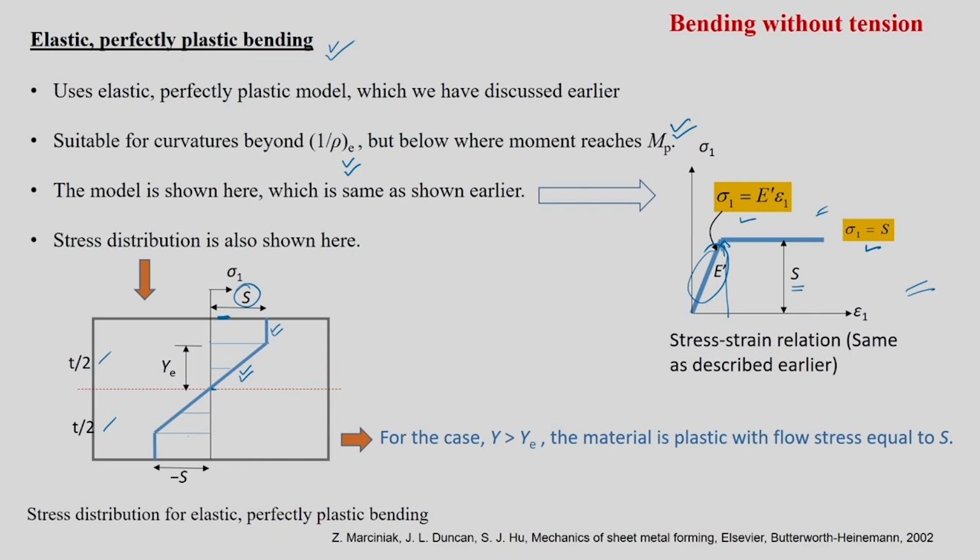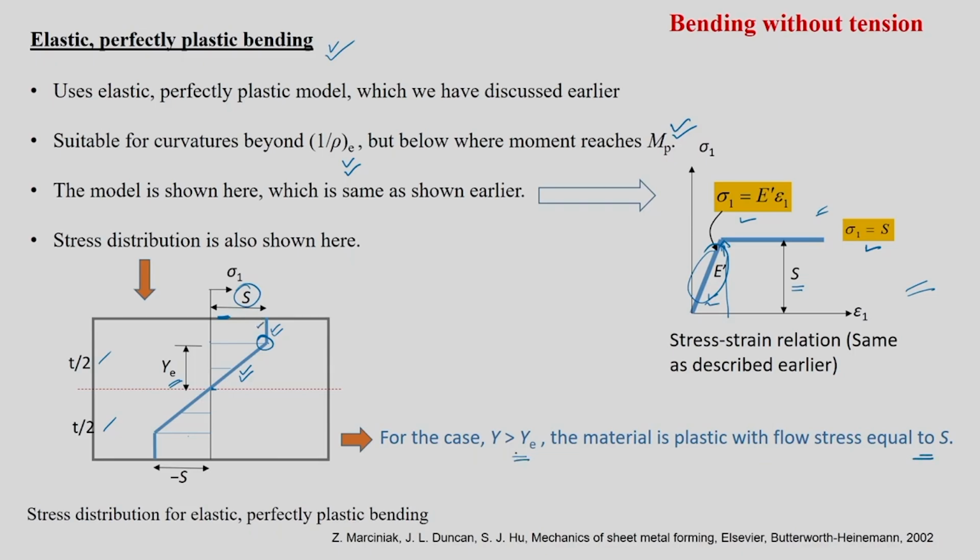Now this particular transition is what is called YE. YE means any distance from the mid surface, so we are calling it YE here, because this is the limit of the elastic representation, this part. Now for the case y greater than YE, the material is plastic with the flow stress equal to S. That is what we have written here.